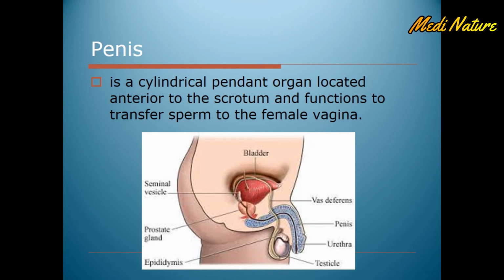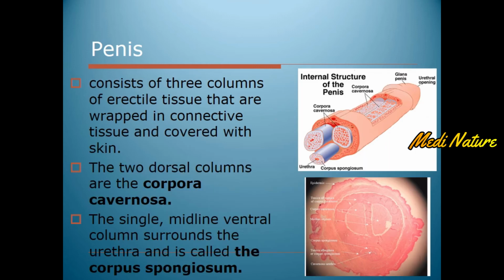Penis. It is a part of the external genitalia of the male reproductive system. It is a cylindrical, pendant organ which is located anterior to the scrotum, and the main function is the transfer of sperm to the female vagina. Let's see the anatomy of the penis.